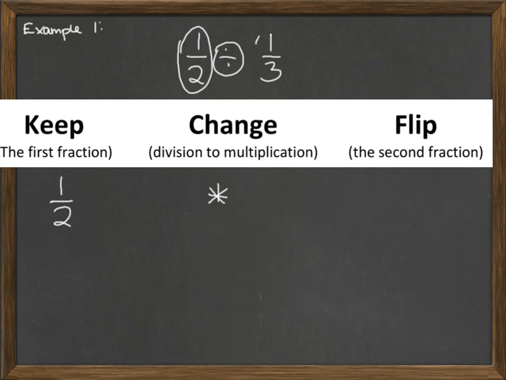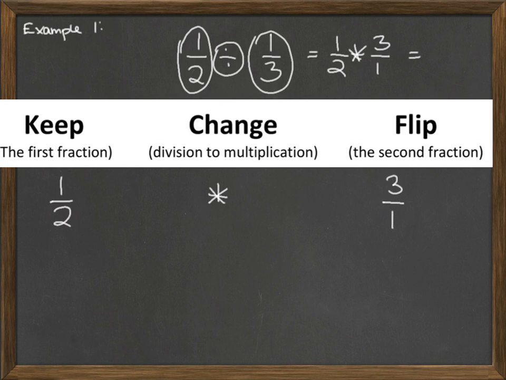So when I say flip, what I mean is I'm going to flip, or find the reciprocal of, the second fraction. So again, by definition, 1/2 divided by 1/3 is mathematically equivalent to saying 1/2 times 3/1. They mean the same thing.